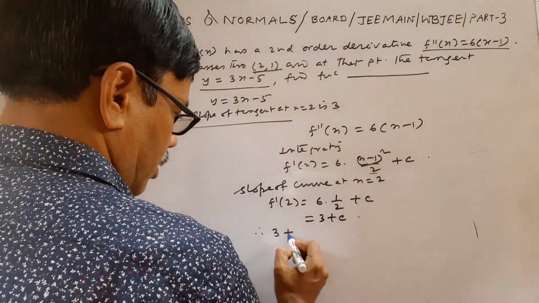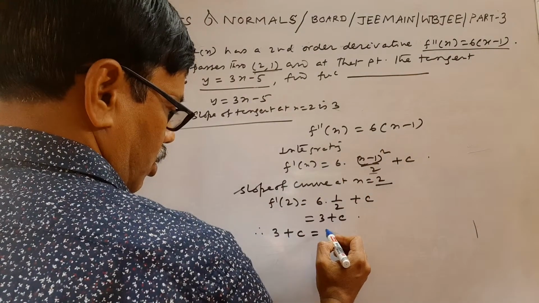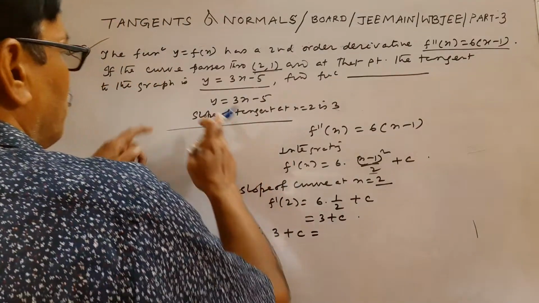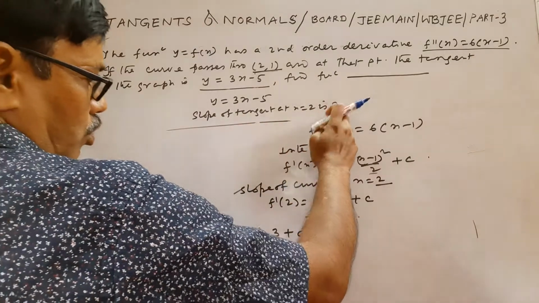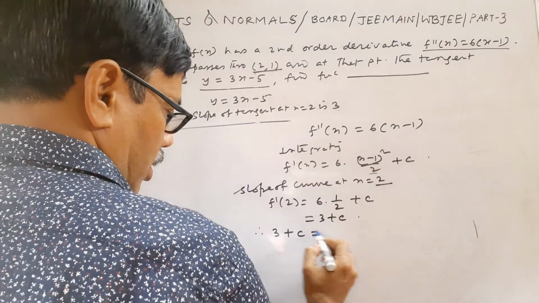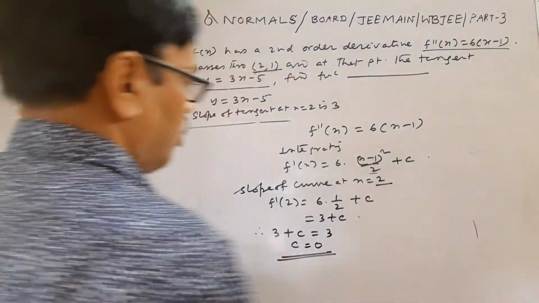Therefore 3 plus c equals the slope of the tangent at x equals 2, which is 3. So the 3 cancels, and c equals 0.